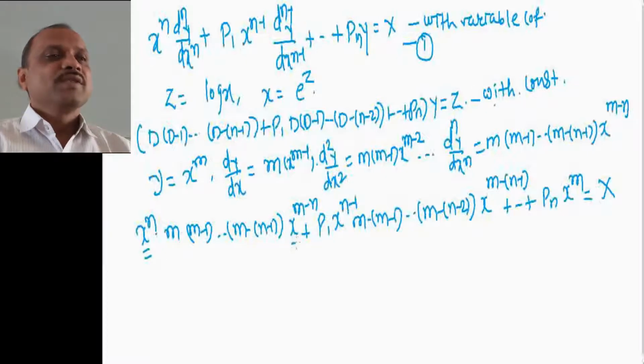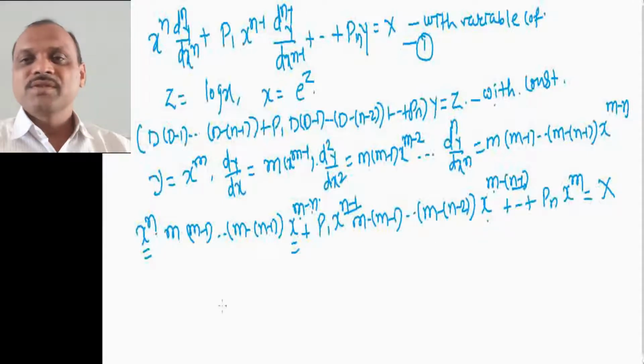Here you can see x raised to n and x raised to m minus n. So the minus n and plus n get cancelled and we get x raised to m. Here x raised to n minus 1 and the minus n plus 1 also get cancelled and we get x raised to m. So everywhere we have the term x raised to m.